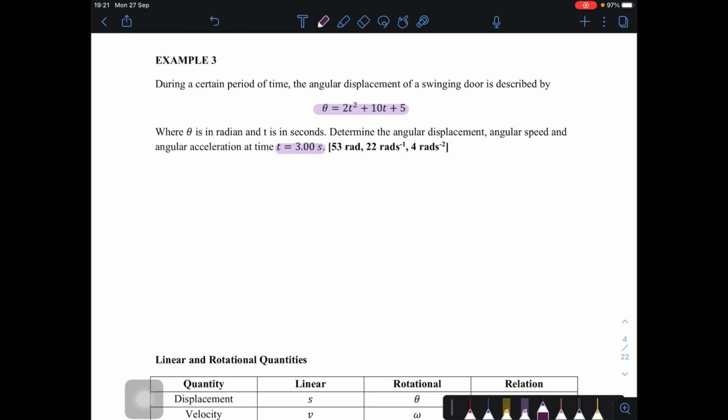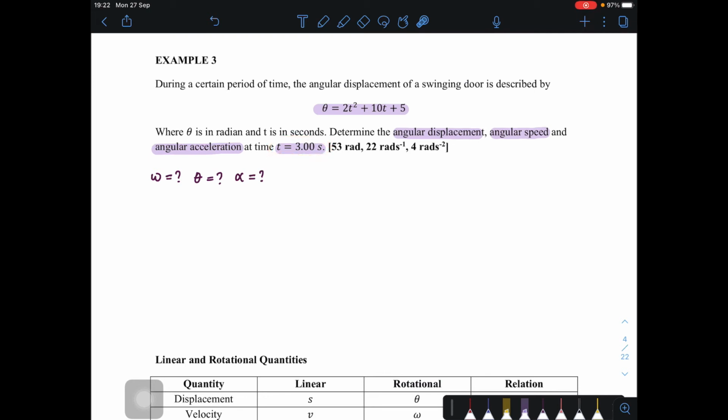Okay, so we want to find angular displacement, which is theta, angular speed, omega, and angular acceleration, alpha. So we want to find omega, theta, and also alpha. Okay, dan dibagi dekat sini at specific time equal to 3 seconds.